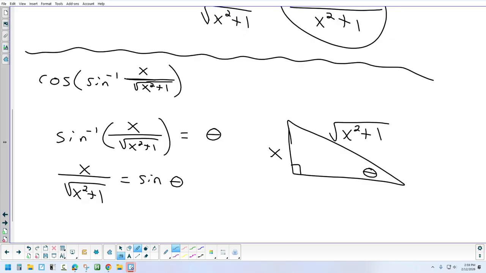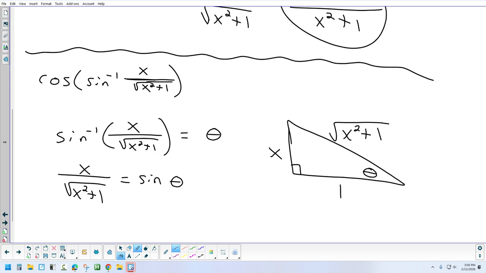Yeah, Pythagorean theorem. Anyone think they can tell me what the third side would have to be there? 1. Yeah, it would have to be 1, because it would be x squared plus 1 squared, add them up and take the square root, and that's how you find the hypotenuse. So, yeah, that's perfect.